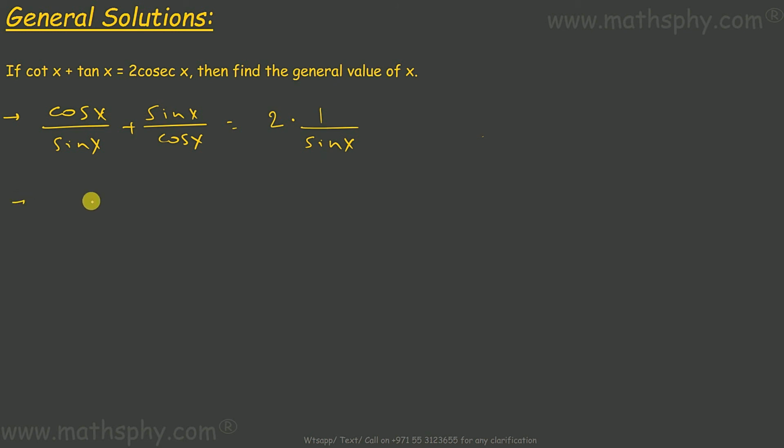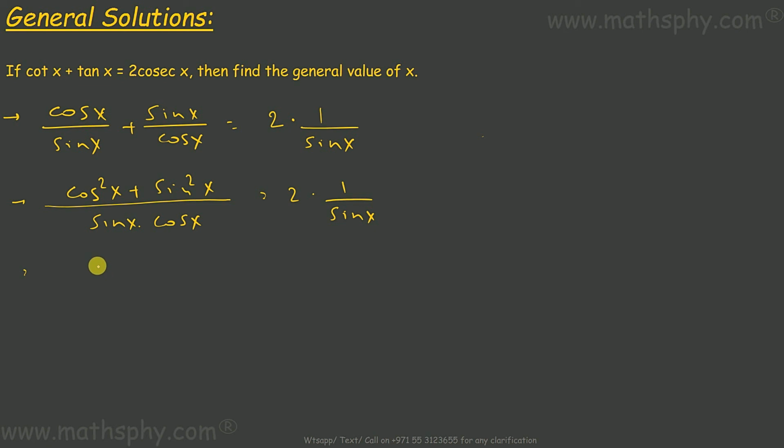Okay, so this is (cos squared x plus sin squared x) over sin x into cos x equals 2 into 1 over sin x.